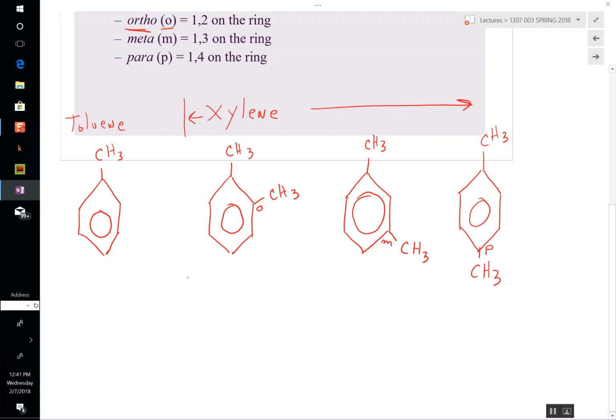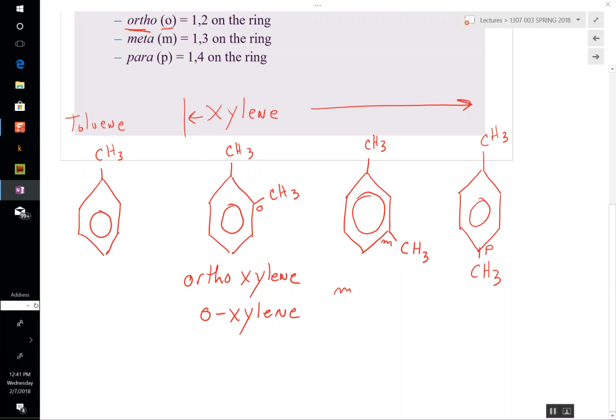And so this would be called orthoxylene. Or you might see it as just O-xylene. Not like O. Henry. This is O-xylene. Nothing Shakespearean about it, or whoever O. Henry was.